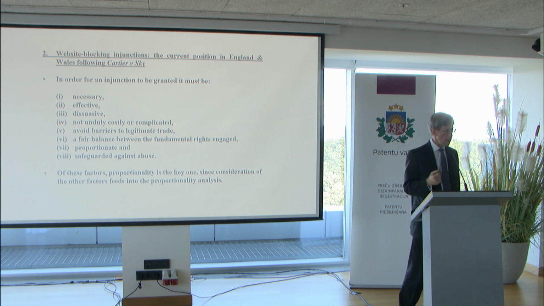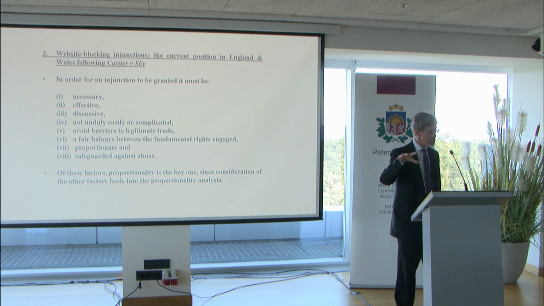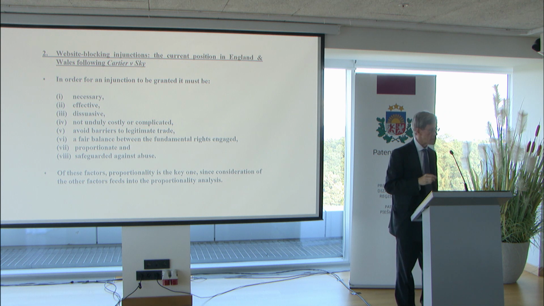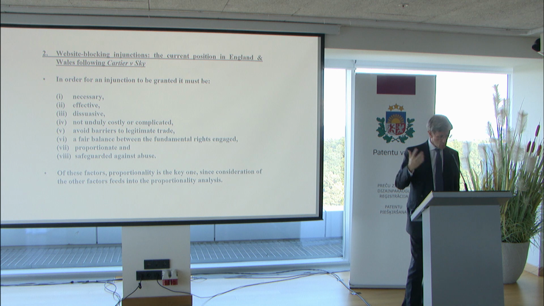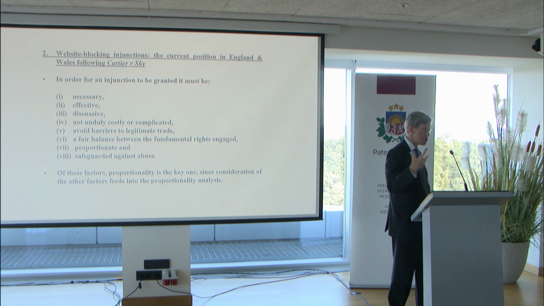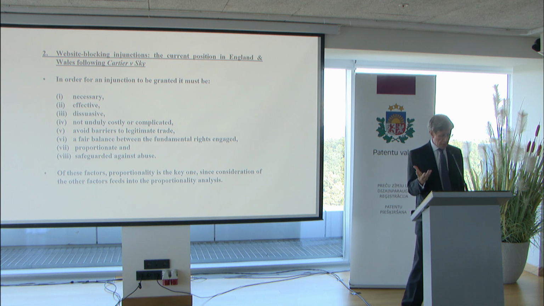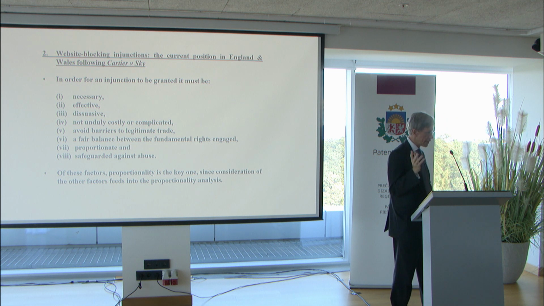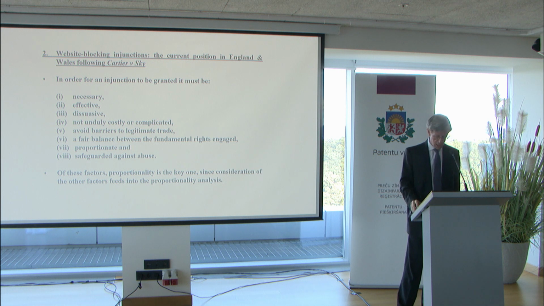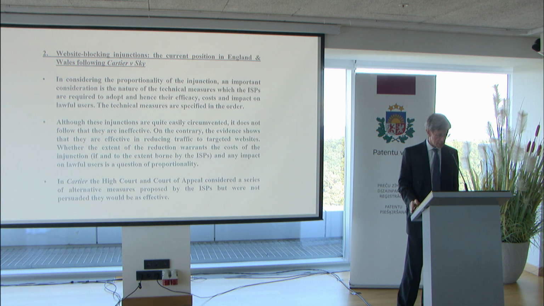And if you look at L'Oréal and eBay, one of the things that the Court of Justice had to say in that case was that injunctions under Article 11 must strike a fair balance between the fundamental rights which are engaged. So that's where that one comes from. Now, if you work through these criteria systematically, what you find is that proportionality is the key one, because consideration of the other factors feeds into the proportionality analysis.